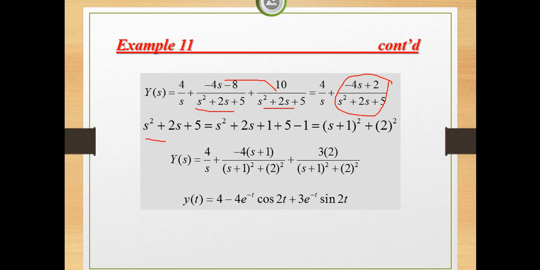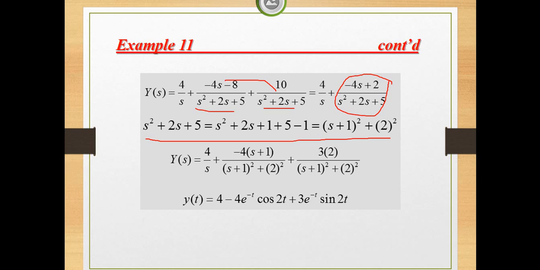Even if you don't think about this, that's written here, that only shows you the method of completing the square, which I have discussed already. These two are already invertible. Okay, the 4 over s is invertible, and this one will be written with the same shifting as reflected in the denominator. So your s squared plus 2s plus 5 is equivalent to the quantity s plus 1 squared plus 2 squared. If you have this expanded, you will have this.